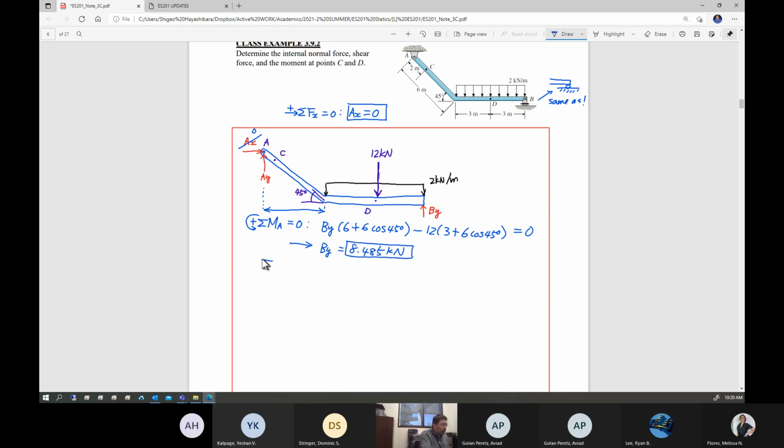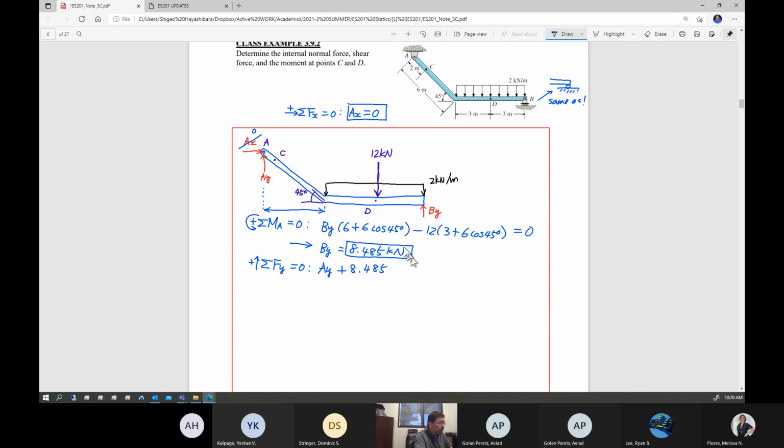And then if you take the summation of the force in y direction, set equal to 0, this is going to give you Ay that is positive y direction, and then we know By is positive 8.485 kilonewton.